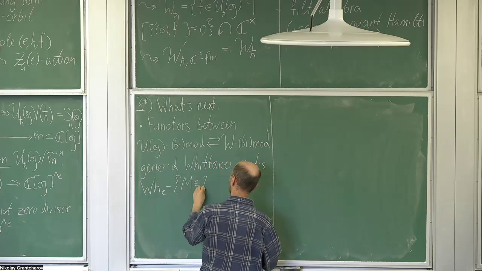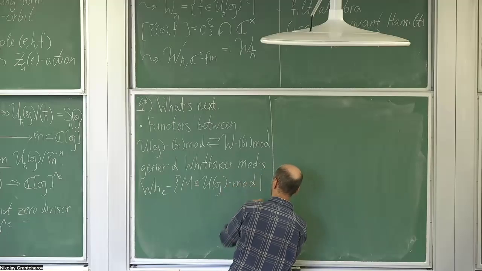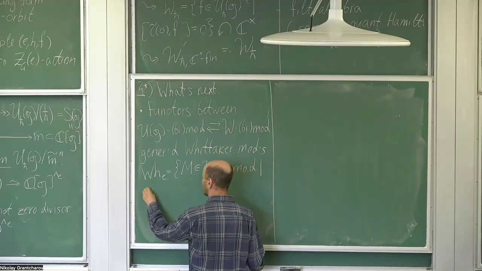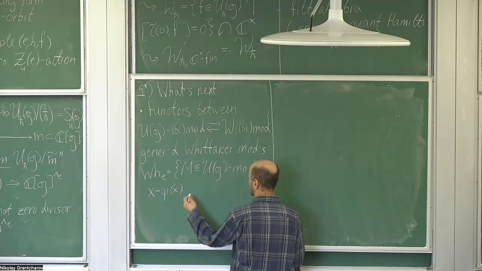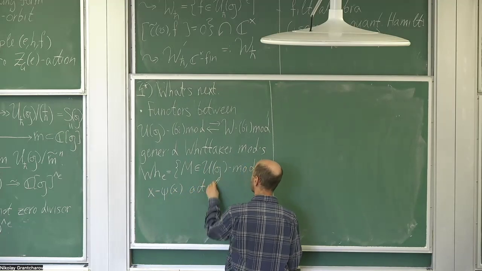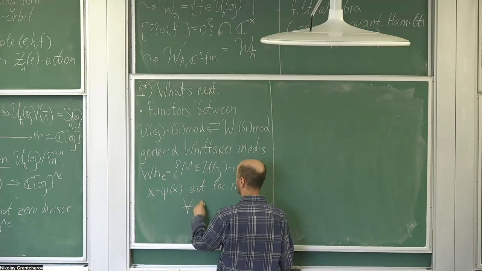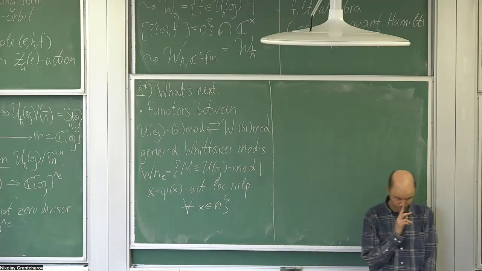These are all modules over U of g such that elements of the form x minus psi of x act locally nilpotently for all x in that subalgebra n that I produced in the first part.